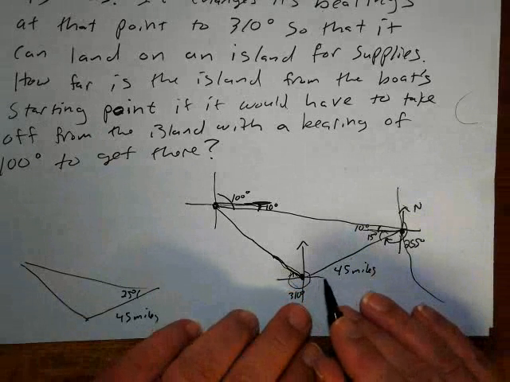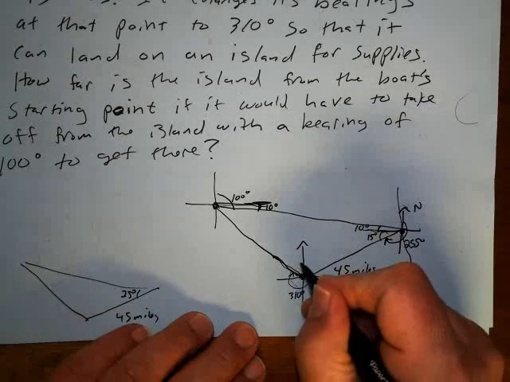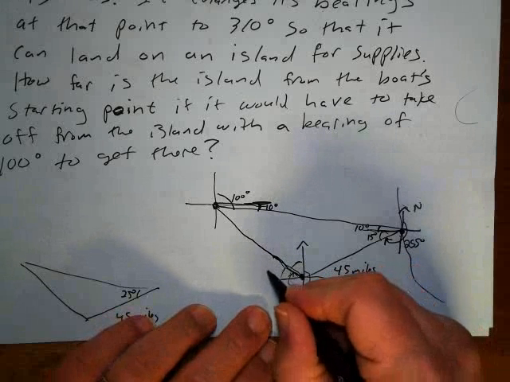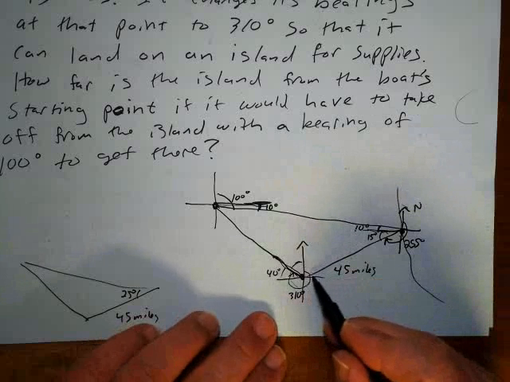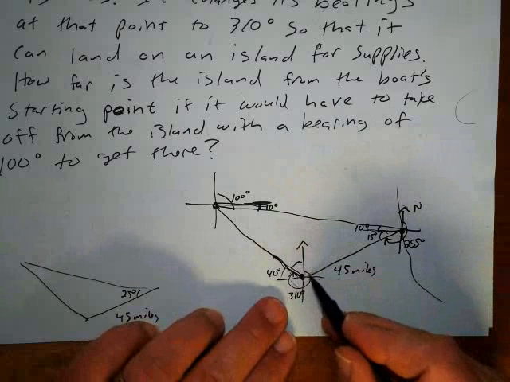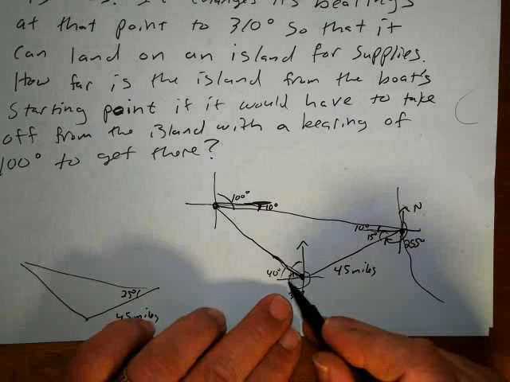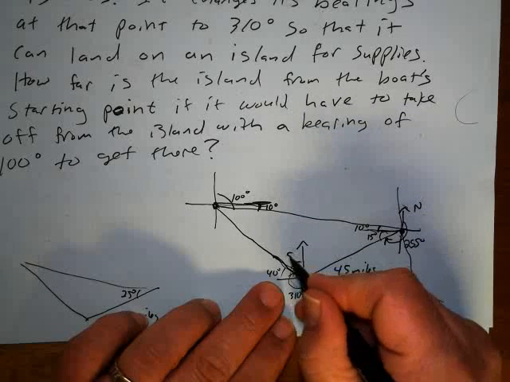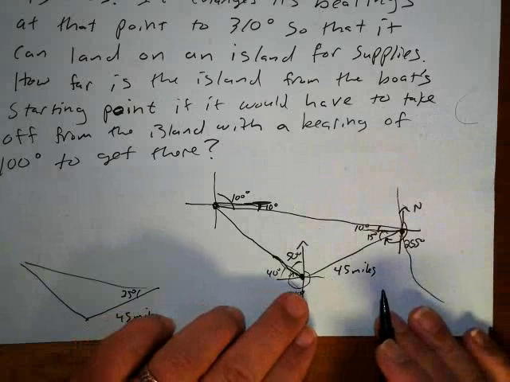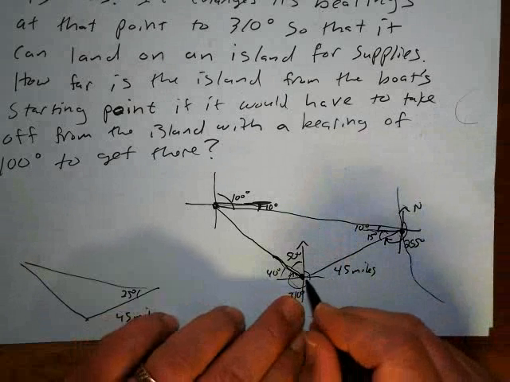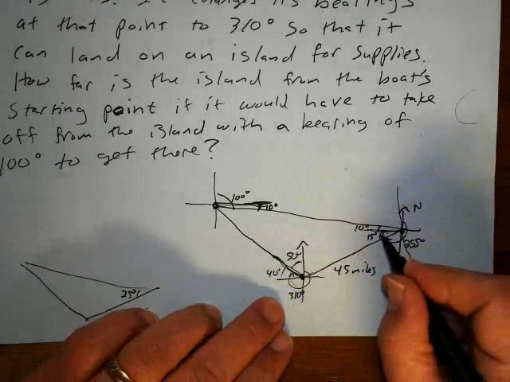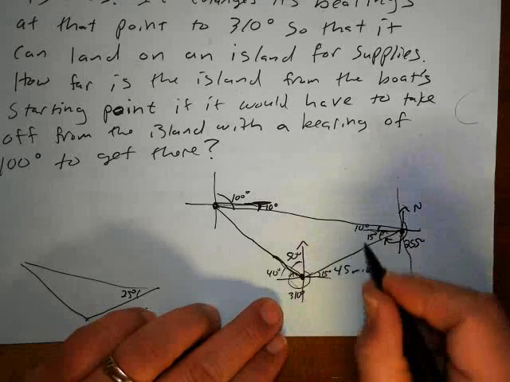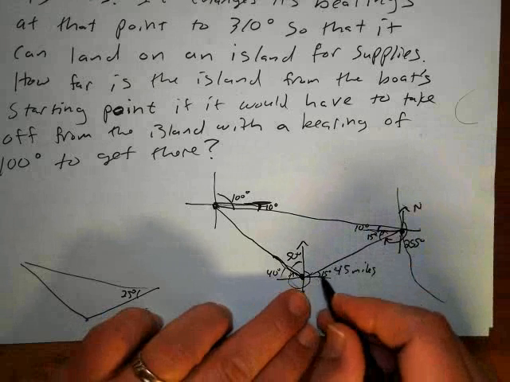Well, I think I can, because I think this one here is 40 degrees. How do I know that? Because this is 310, but to go to this point up here is 270, so I'd have to go 40 more degrees. That would make this 50 degrees, right? So let's see, this is 15, so this would need to be 15. This and this are horizontal, so 15 and 15.